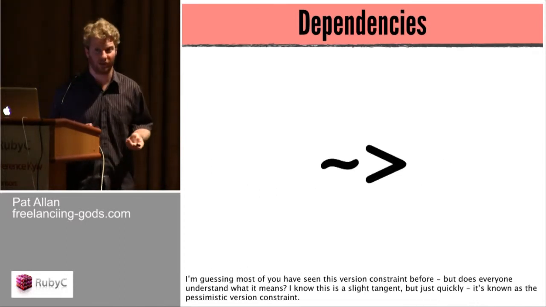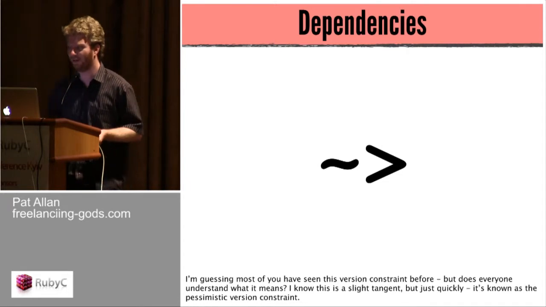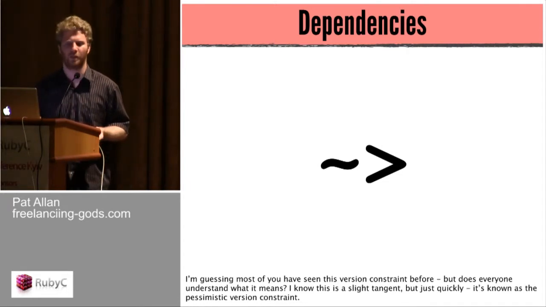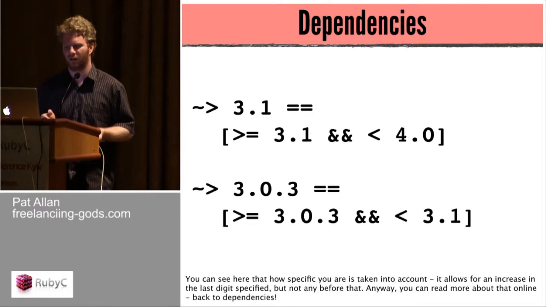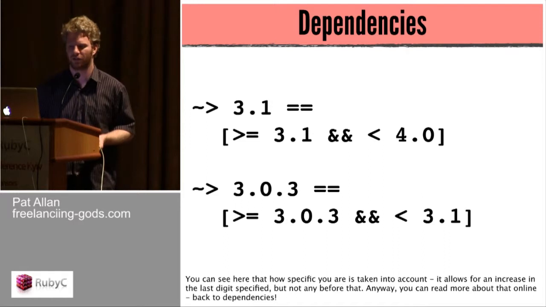But if you're not familiar with this, it's called the pessimistic version constraint in the RubyGems documentation, at least. And it means that the final number you specify can be much higher, but every other number you specify cannot change.